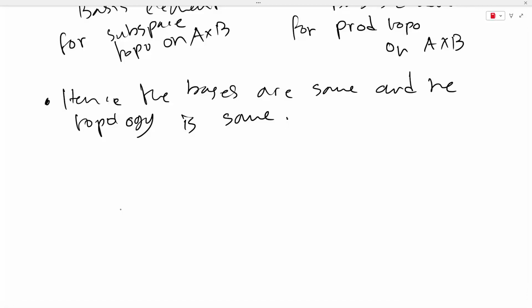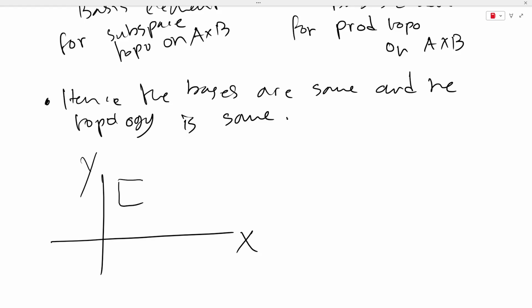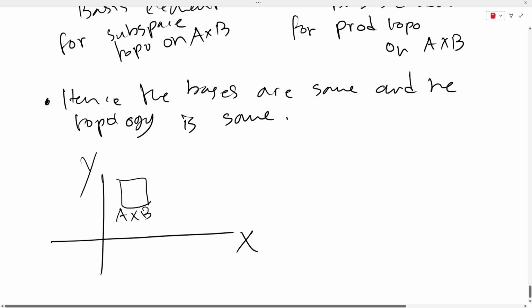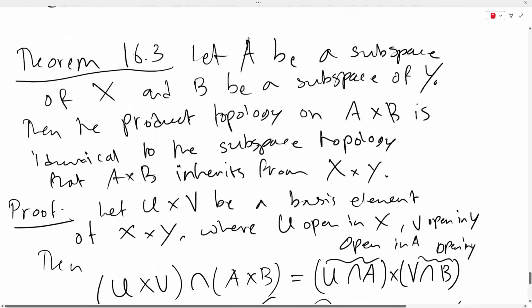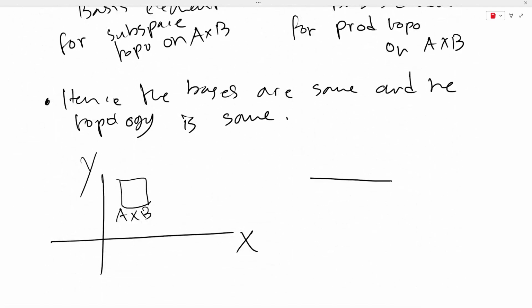This is kind of like this. If you have this space, say X times Y, and for example you have this subspace A times B, where you are considering them separately, this is the subspace A, this is the subspace B. Consider A times B, so it's like this.